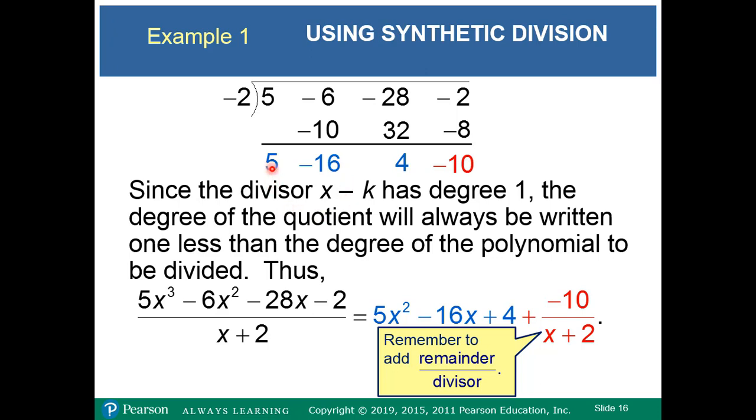This started with a third degree, so this is going to be 5x squared minus 16x plus 4. That's our quotient, and the remainder is negative 10 divided by x minus 2. So when we divide, the answer is the quotient plus the remainder.